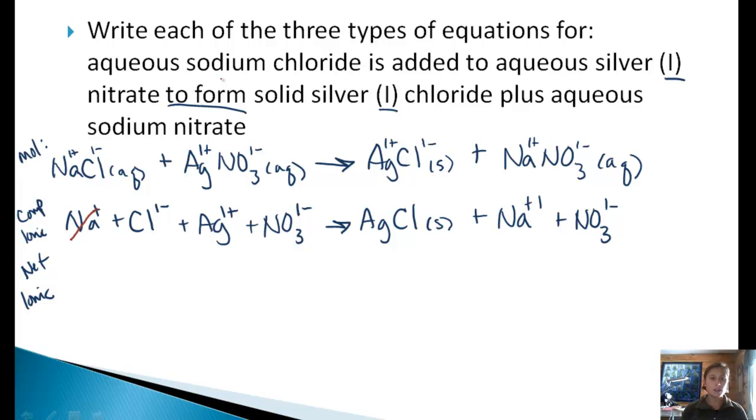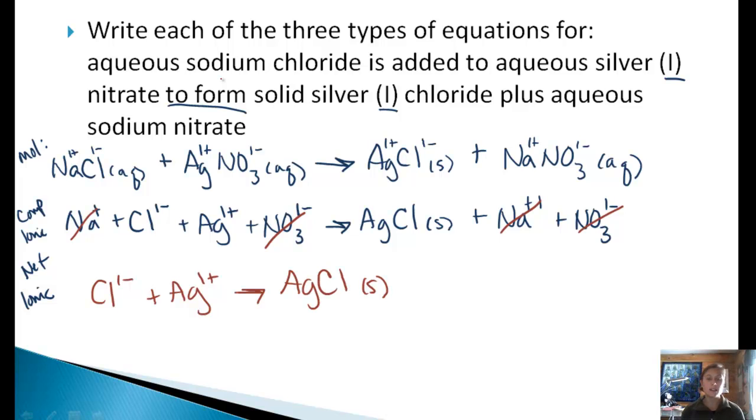I see a sodium ion on both sides, and it's by itself, same quantity, so that can get canceled out. And I also see a nitrate ion on both sides. I can't cross off the chlorine or the silver because here it's together as a compound. And so I'm going to write down what I have left. So I have the chlorine ion plus the silver ion, and that produces silver 1 chloride, and it's a solid.